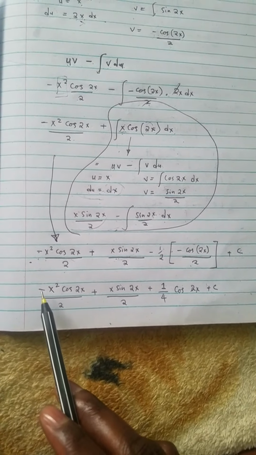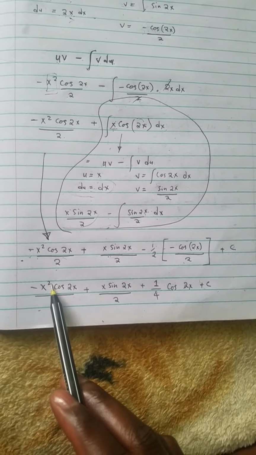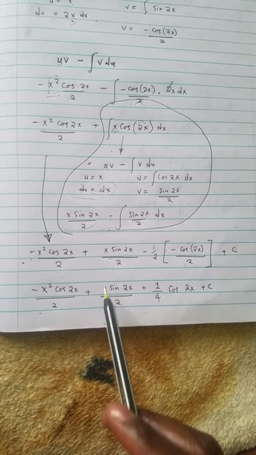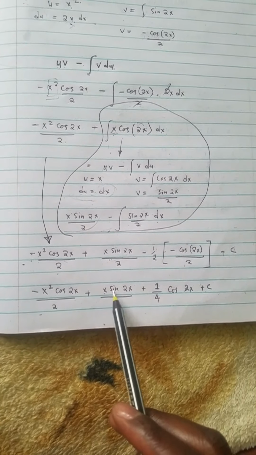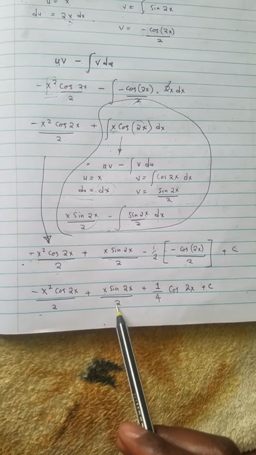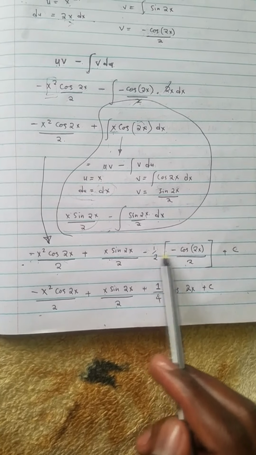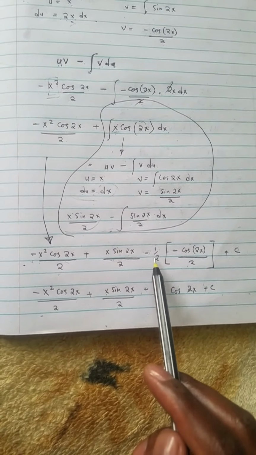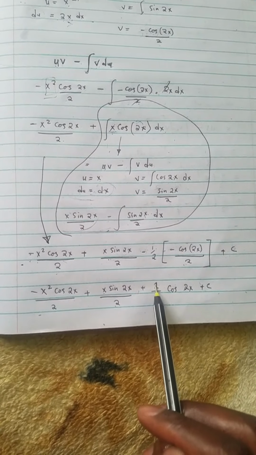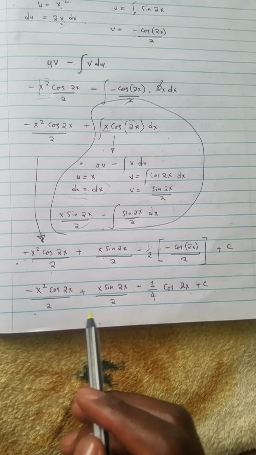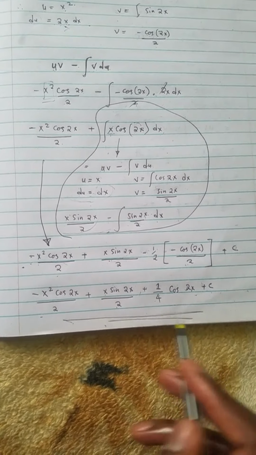Finally, what we get is negative x power 2 cos 2x over 2, the first part, plus the second part, x sine 2x over 2, plus, because we have a negative and another negative, when they multiply we get a positive, then the 2 and the 2 will also multiply, so we get 1 over 4 cos 2x plus c, and that will be our final answer here.